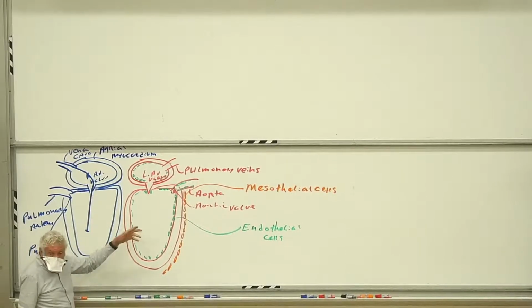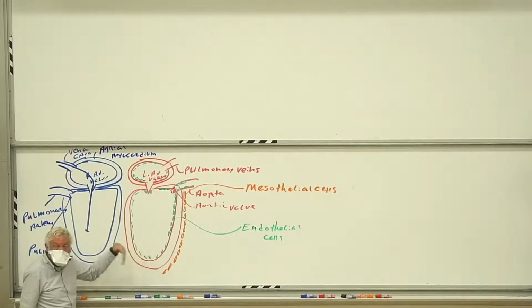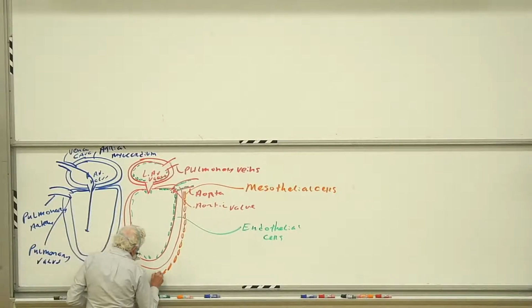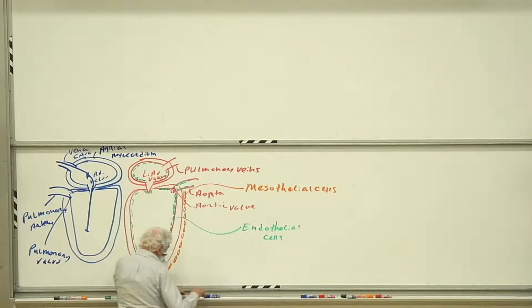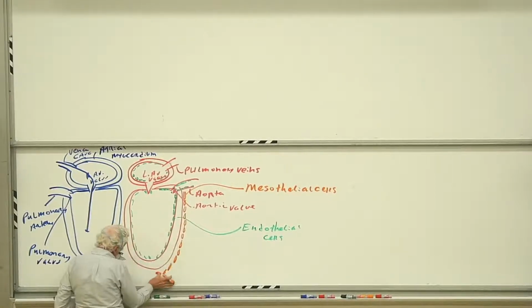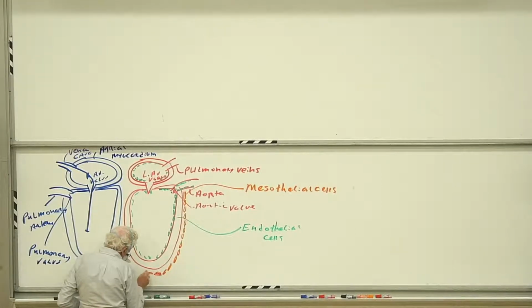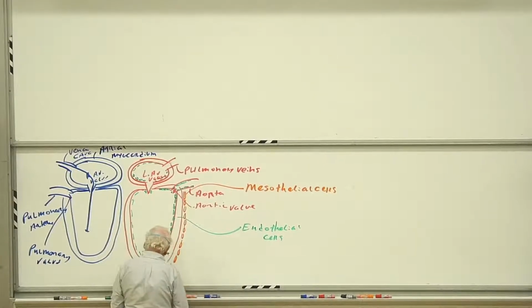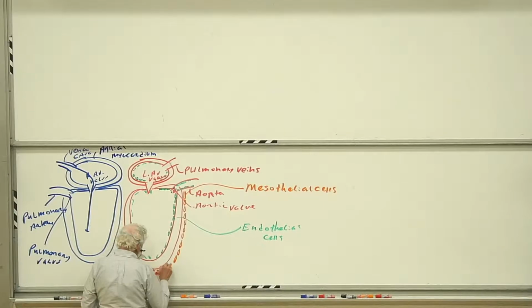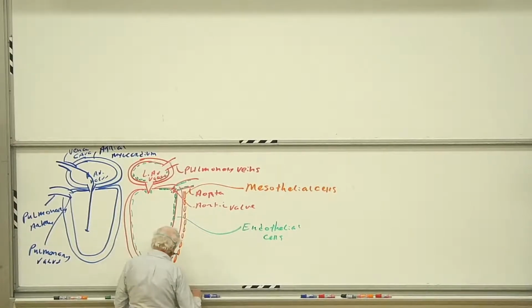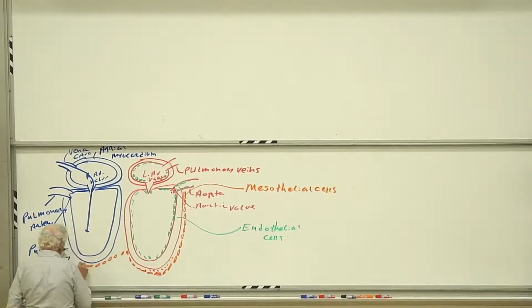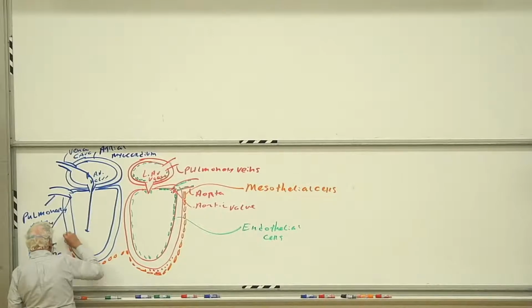So as we work our way through this, we'll see a mesothelial cell layer in the heart and the lungs and into the gut. But what I want to emphasize today is that these mesothelial cells, which are attached by a basal lamina to the wall of the heart, form a continuous layer on the wall of the heart. But in addition to forming this layer of mesothelial cells on the wall of the heart, they fold back on themselves.